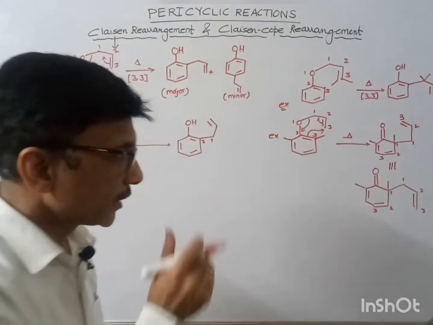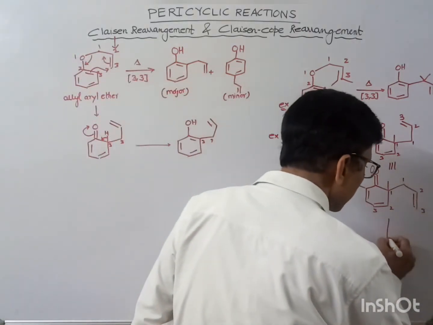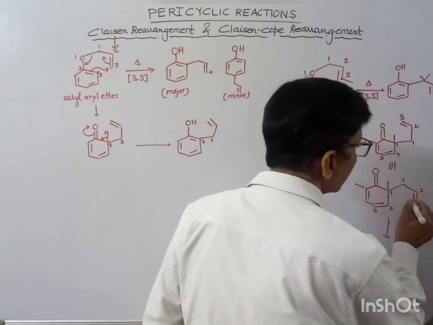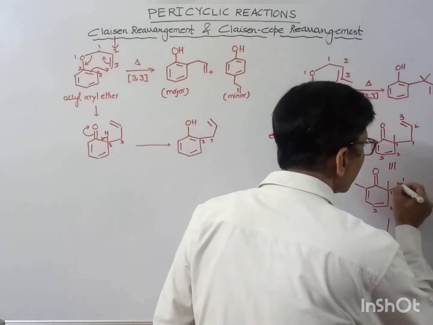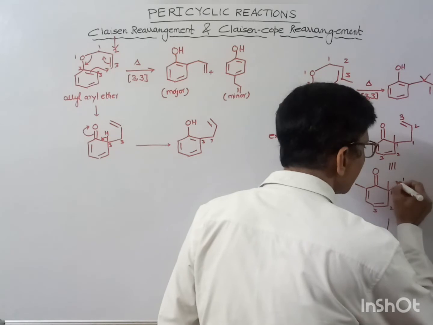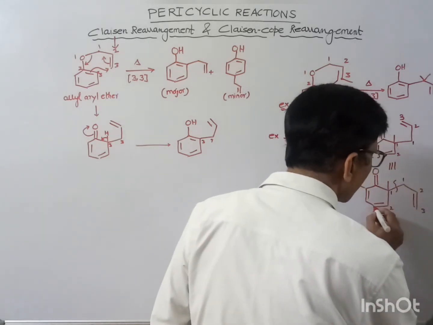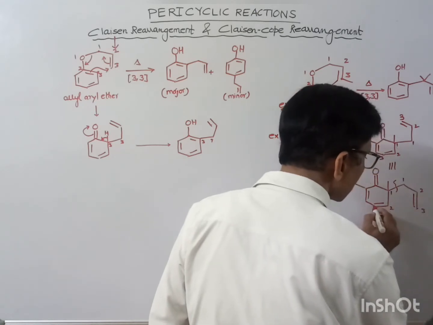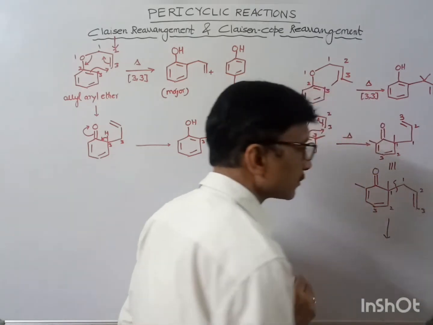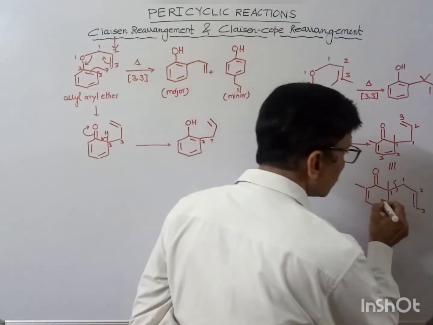Okay. Now, in the next one, if you will see, then what I have told you, 1, 1 dash, this sigma bond breaks, and a new bond is formed between this third carbon and this third carbon, a new bond that would be formed.